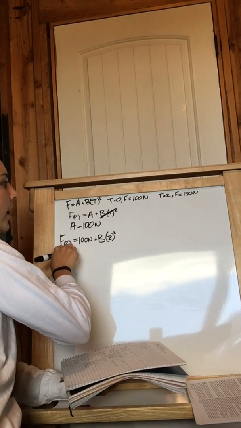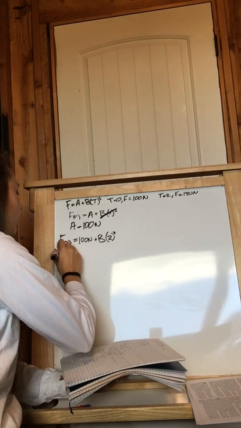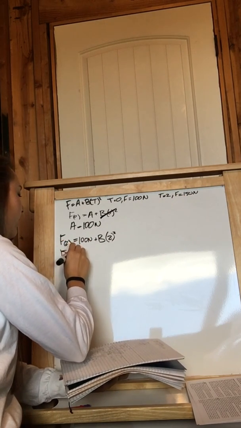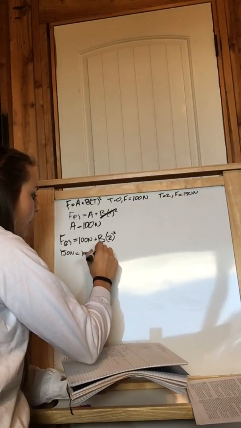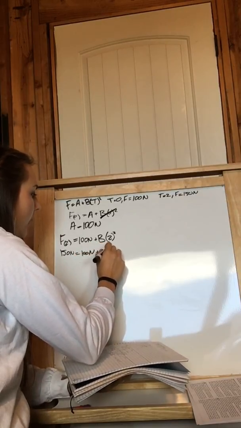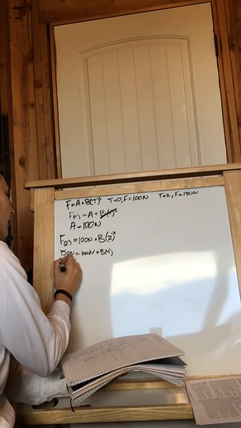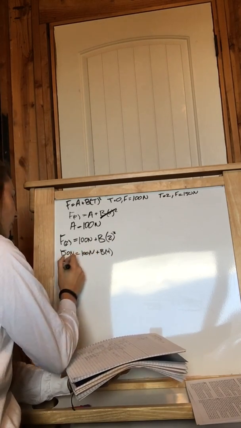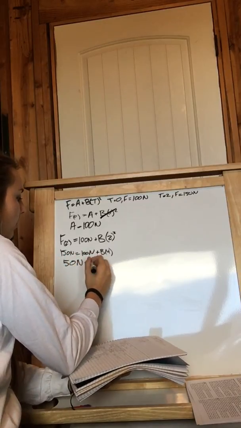And again, when time equals 2, F is going to equal 150. So we have 150 newtons equals 100 newtons plus B times 4. We can subtract this over. That's 100 newtons, so we get 50 newtons equals 4B.